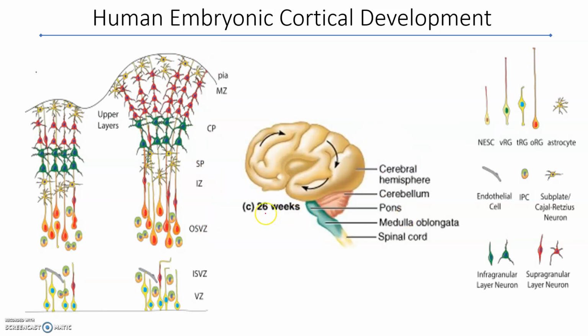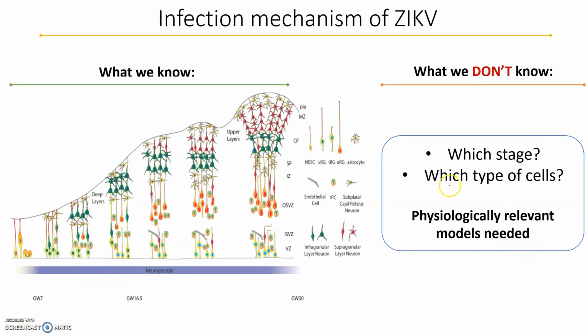Then around 26 weeks after implantation, we're gonna find this very complex tissue. This is gonna be the innermost part of the brain, which is gonna be somewhere here, and it moves out. So we can see that we have different types of cells, of which I'm gonna talk in more detail in a few minutes.